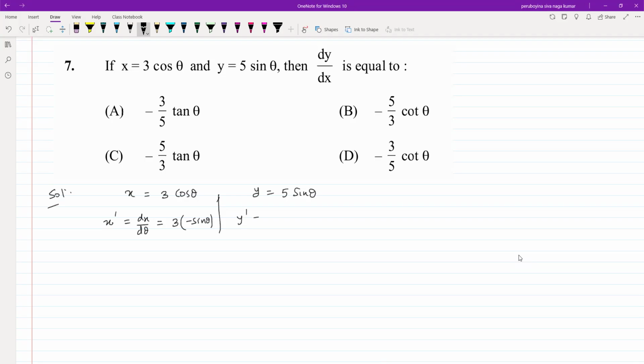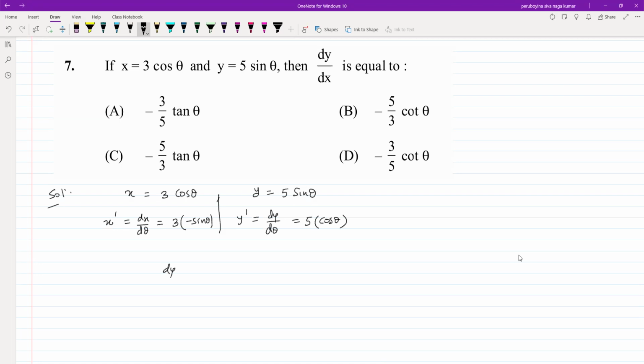And next, similarly for y dash. Sometimes theta will be replaced by small t. In such case, dx by dt is x dash. In this case, dx by d theta, because theta is a third variable. So dy by d theta, and 5 sine derivative is cos theta.